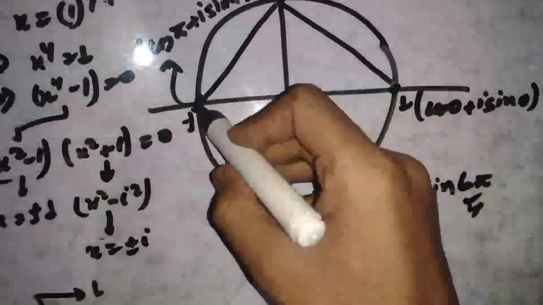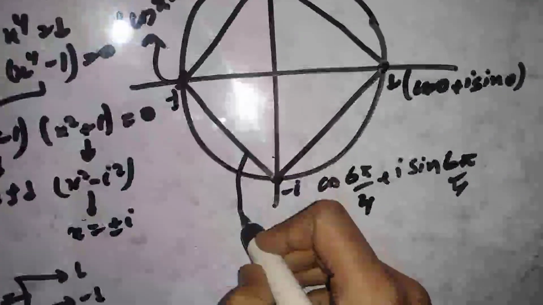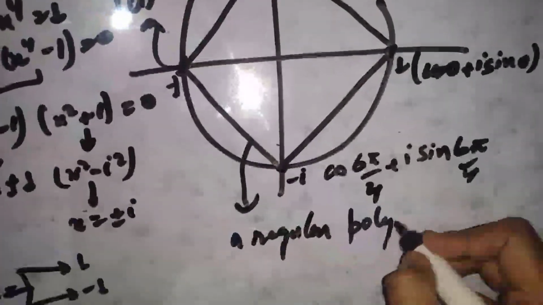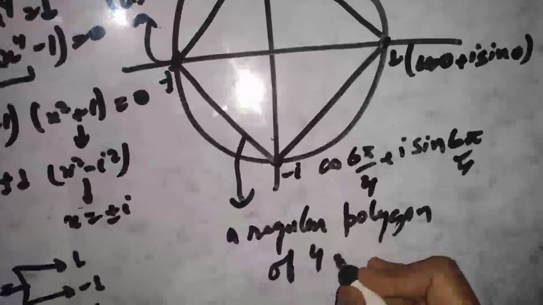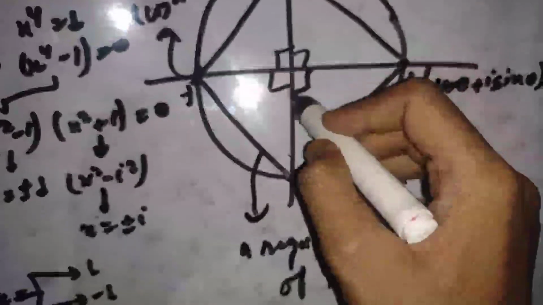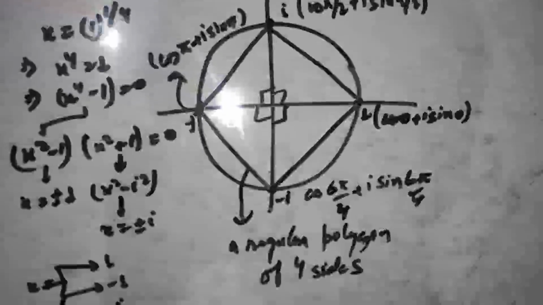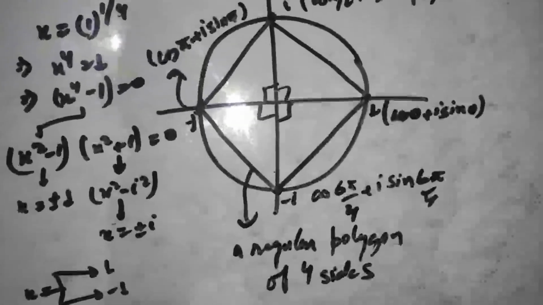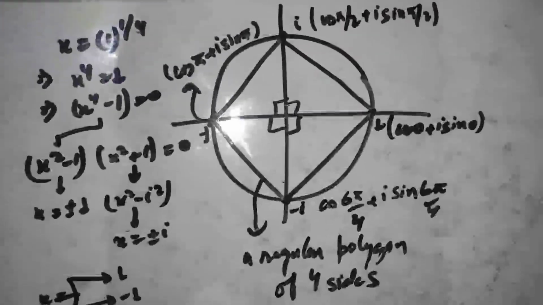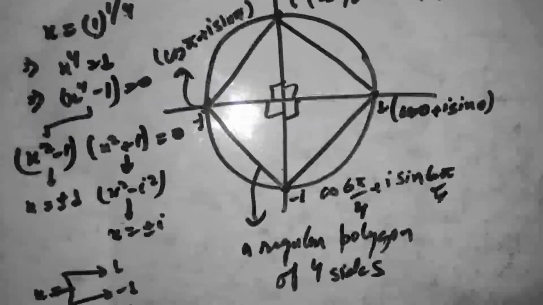As expected, we get a regular polygon of 4 sides, with central angle 90 degrees. In the case of the cube root of unity, the central angle was divided by a factor of 3, and in the equation x to the power 4 equals 1, the central angle is divided by a factor of 4. So this is the geometrical interpretation.